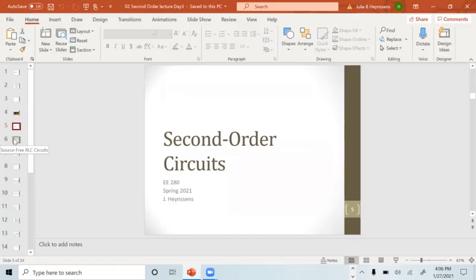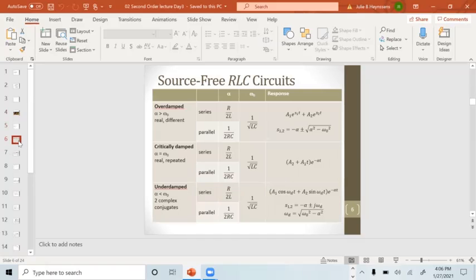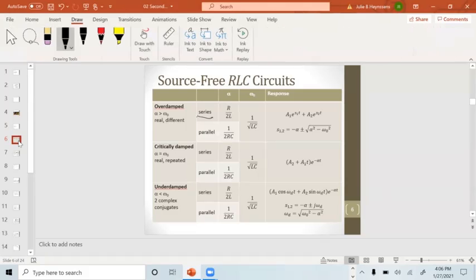Let's finish up second order circuits. We're getting there. This is one of my key slides. First thing you want to do is figure out if it's series or parallel.